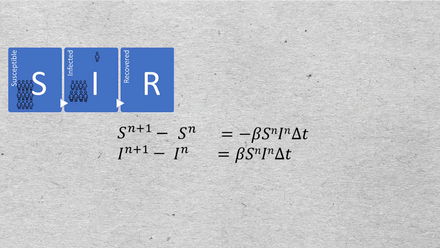Now there is also a loss in category I. During delta t, some infected individuals will recover and enter the R category.